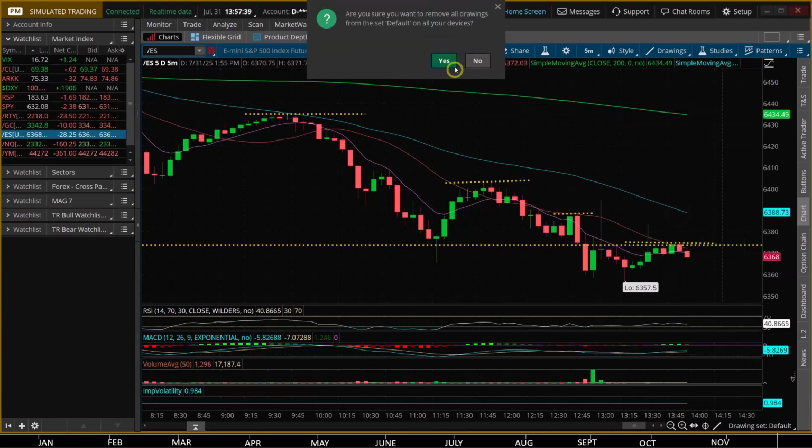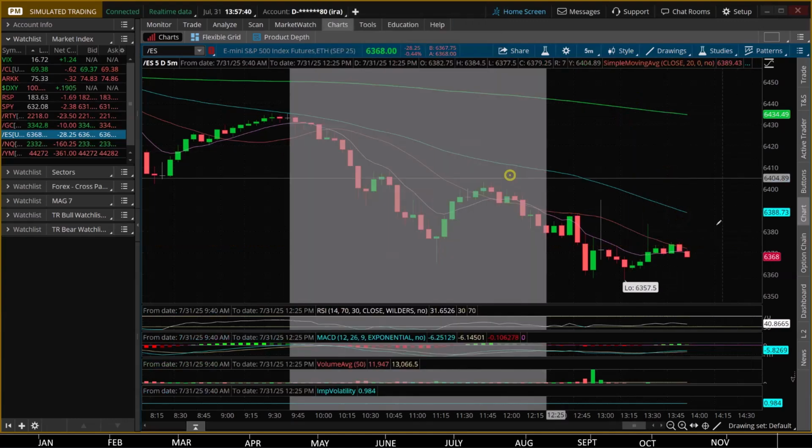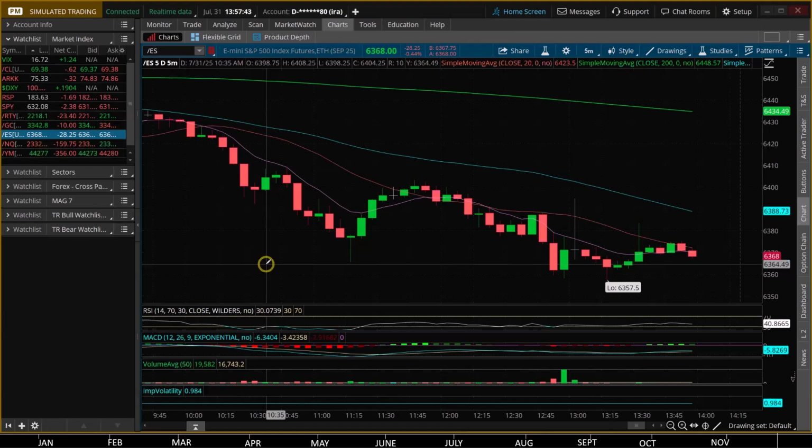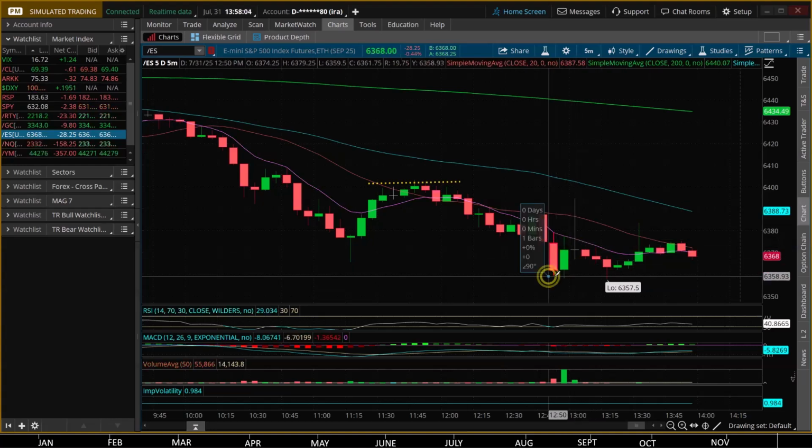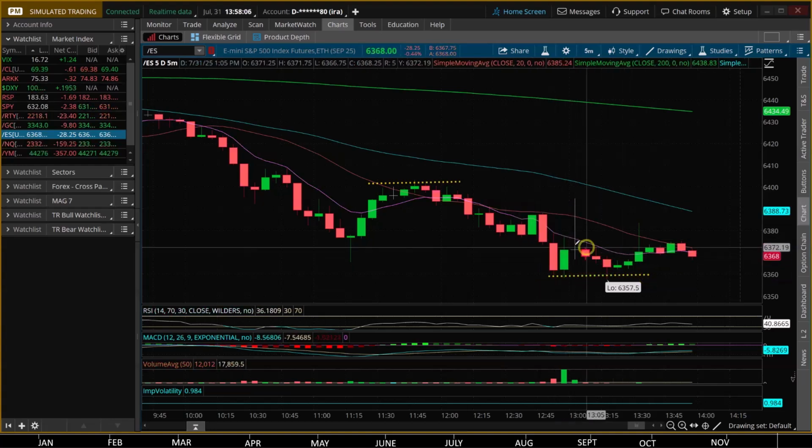What do you guys think? When you look at this overall price structure, is resistance still decreasing? Yes or no? I'd say yes. Here's a pivot. There's not really a pivot here, although you do have a pivot of support.